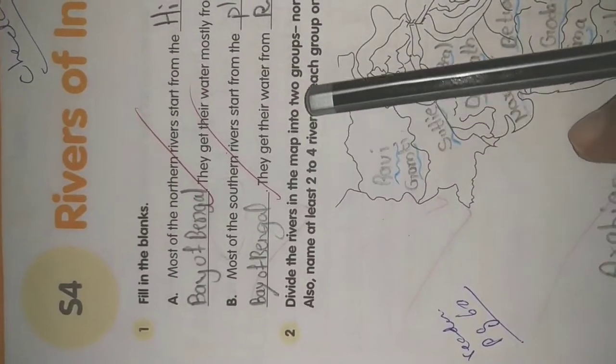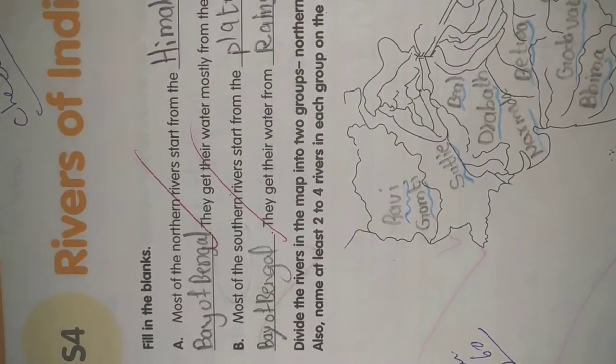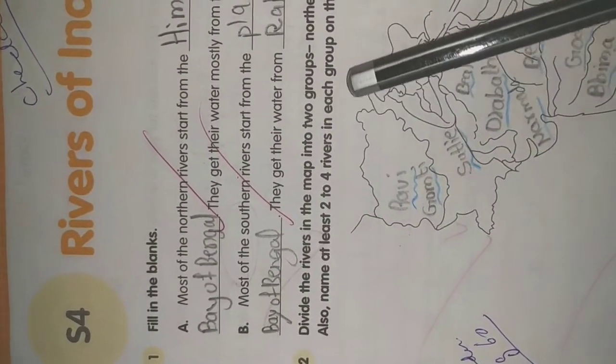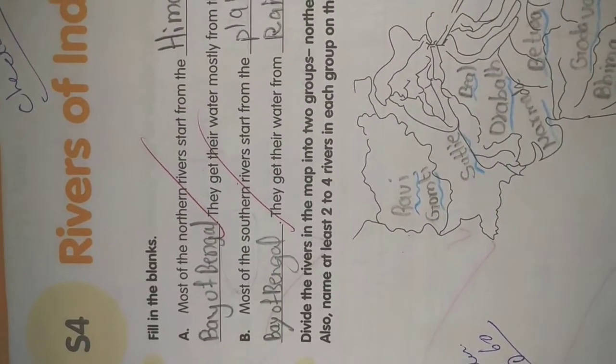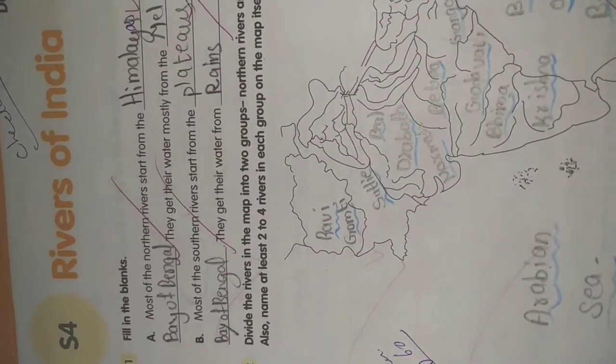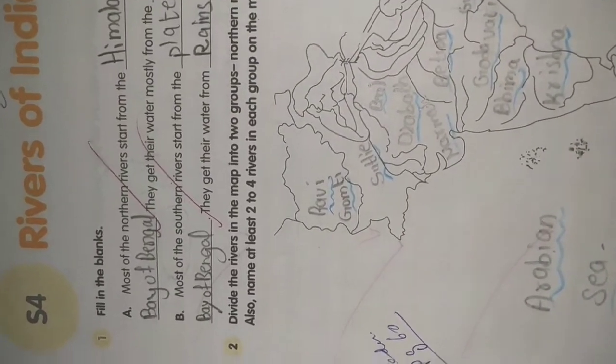Now divide the rivers in the map into two groups, northern rivers and southern rivers, and label them. Also name at least 2 to 4 rivers in each group on the map itself. So here, children, when you mark, you have to mark with a blue color pencil, okay, not with a sketch pen, it will spread.